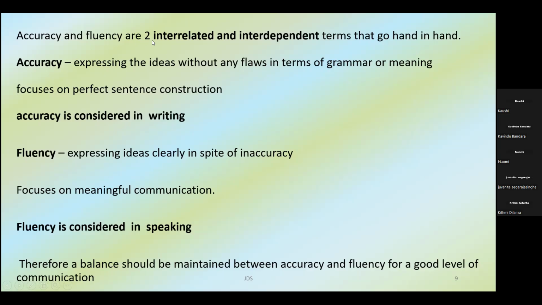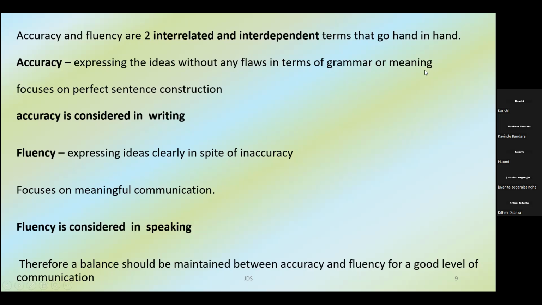Accuracy and fluency are two interrelated, interdependent terms. So remember, there is a very close connection between these two, accuracy and fluency. They go hand in hand. What is accuracy? Expressing ideas without any flaws or errors in terms of grammar or meaning.